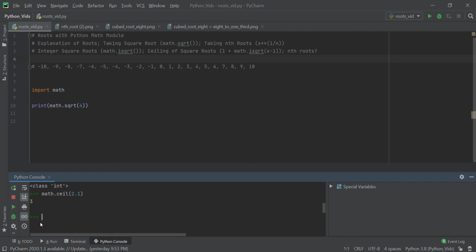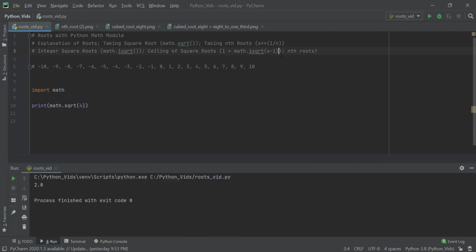Again, there's no ready-made function for you, so instead you have to use a little math to get where you need to go. What we can do is take the integer square root of x minus 1, okay, take that, and then add 1 to that. I actually have it up here in my heading.